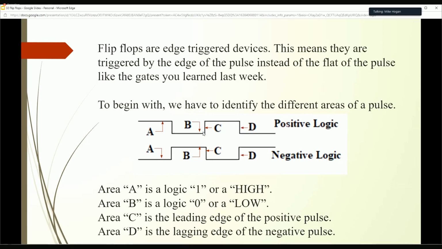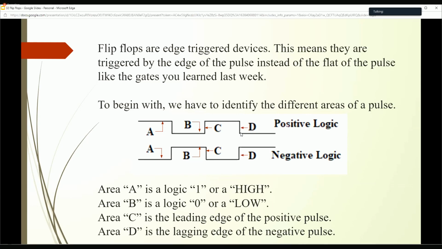And so when we have these flip-flops and we want them to all trigger at the same time, we're going to use a clock pulse, a square wave, and I'm going to have it triggered. I could have it triggered on the level, meaning up here at a high or a low, or I could have it triggered on the edge, leading edge or lagging edge.